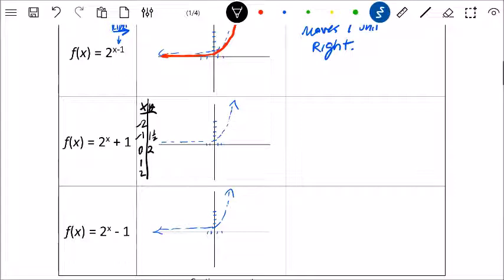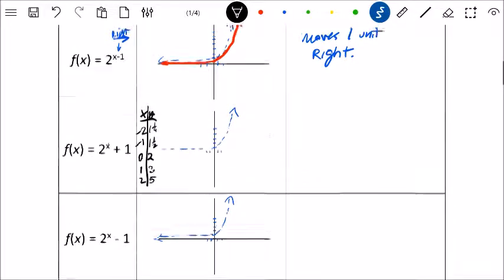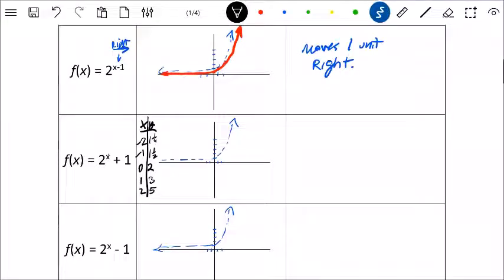And then at -2, 2 to the -2 is on the bottom, so it's 1/4, plus 1 is 1 1/4. At 1, 2 plus 1 is 3. And then if I put a 2 in there, 2 squared is 4, 4 plus 1 is 5. So let's graph a couple of those.